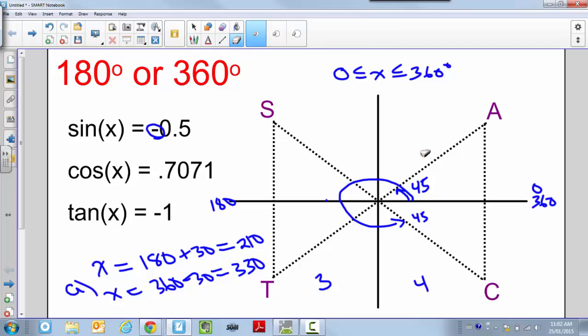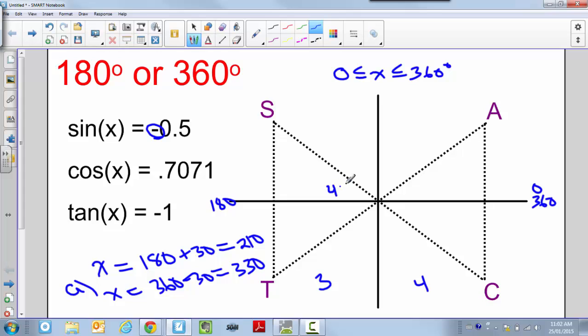In the final one, I'm looking for tan being negative. Again, punching this into the calculator, I find that my key angle is 45. And now I'm looking for where tan is negative. Everything is positive up here. Tan is positive here. And so the two spots where I have negative tans are the second quadrant and the fourth quadrant.